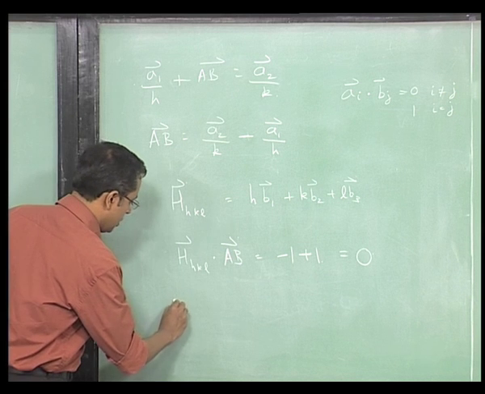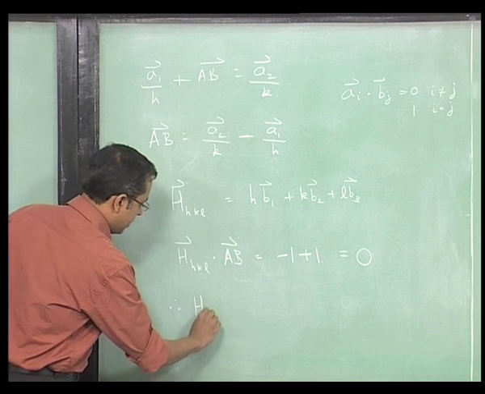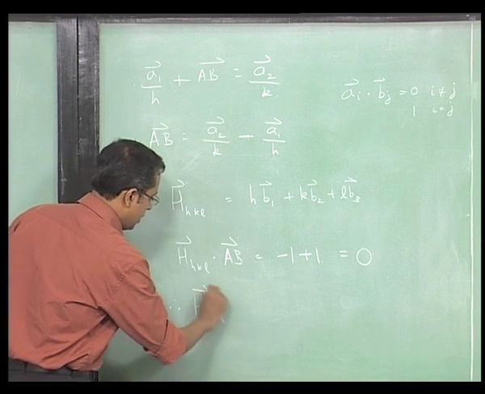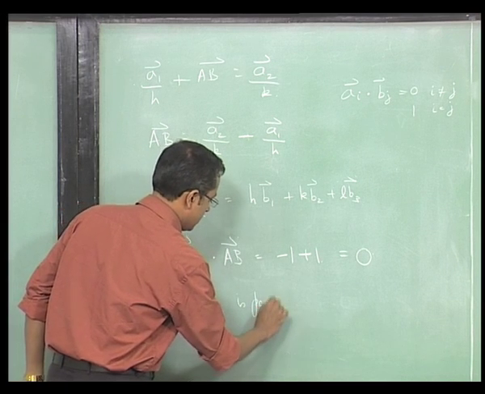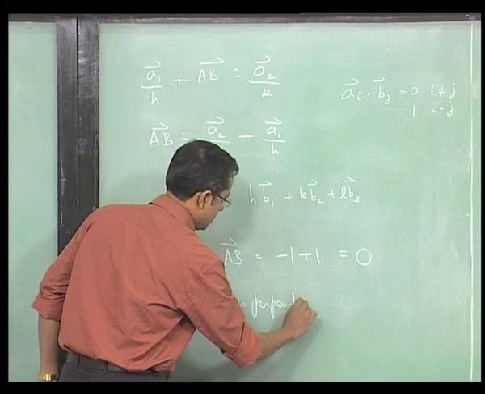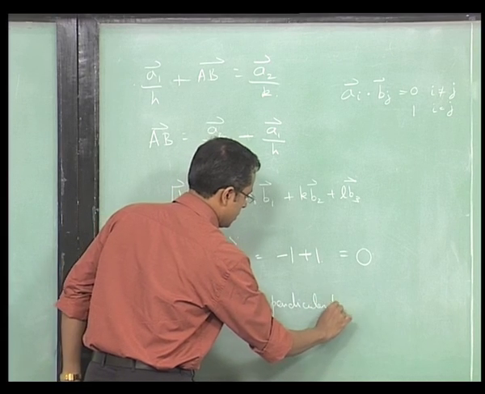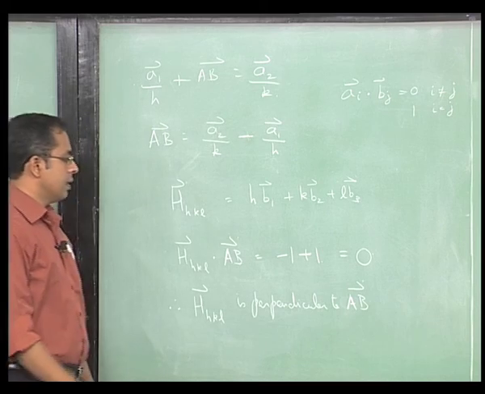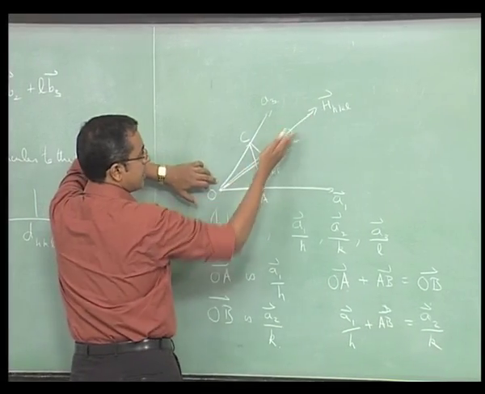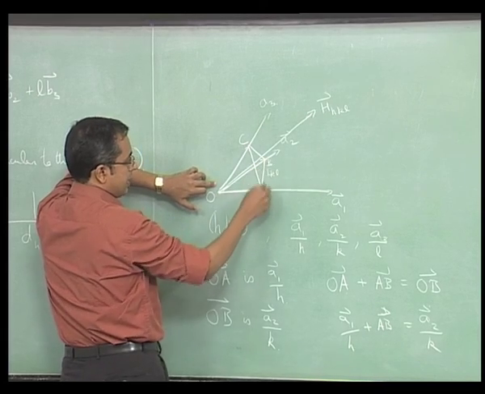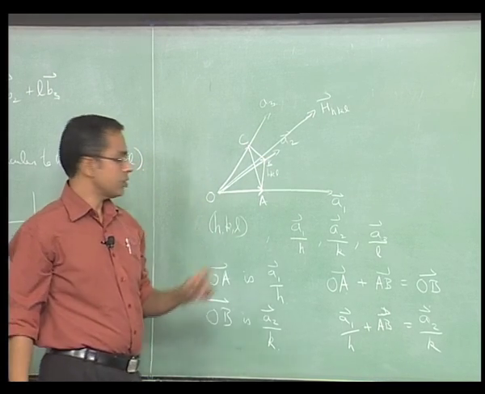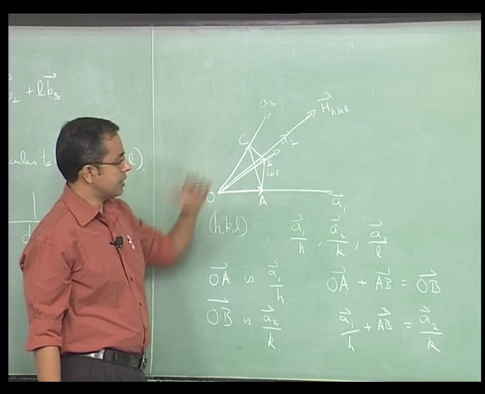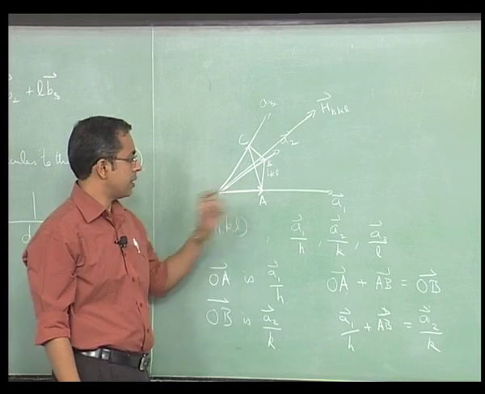Therefore, HHKL is perpendicular to AB. If you go back to our figure, it means that this HHKL is perpendicular to this AB, the way HHKL is defined.